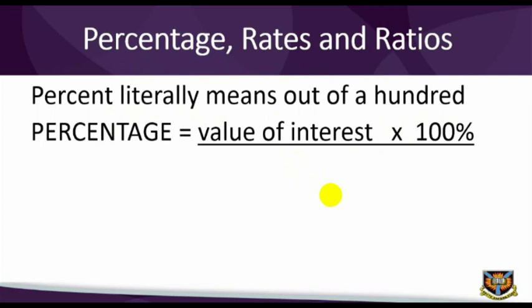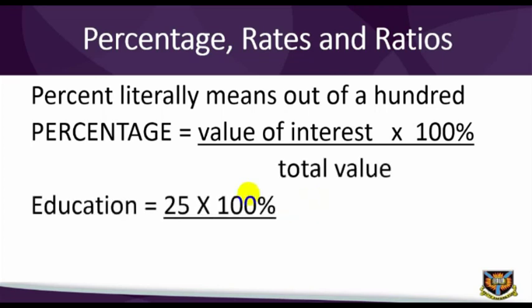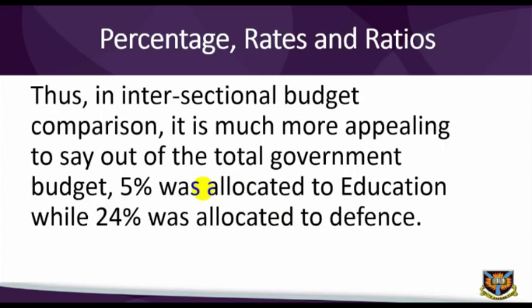Percentage is equal to value of interest over total value times 100%. Education is equal to 25 times 100% over 500, which is equal to 5%. Thus, in intersectional budget comparison, it is much more appealing to say out of the total government budget, 5% was allocated to education, while 24% was allocated to defense.